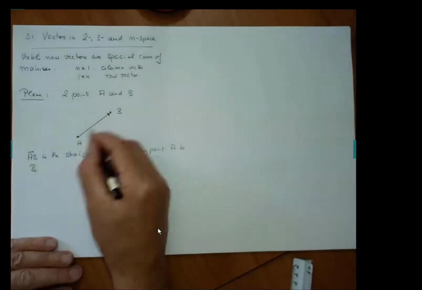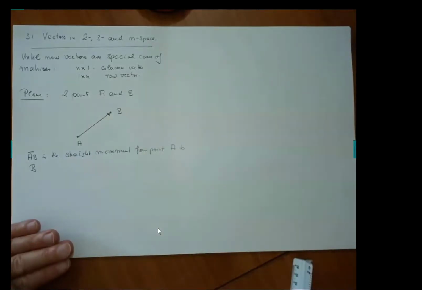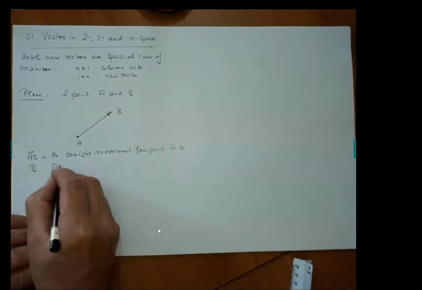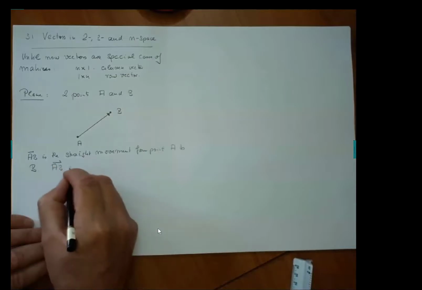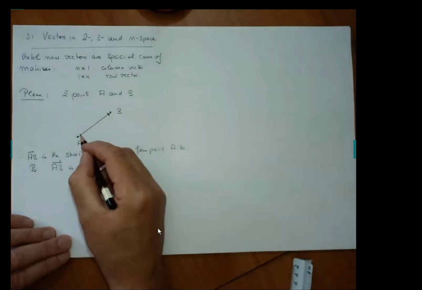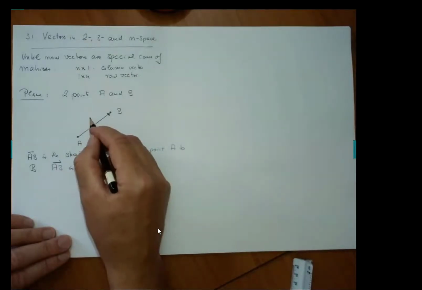So, and this straight movement, that's what we also can consider a vector, no? So AB is what we consider as a vector. So a vector is given by its length and its direction.